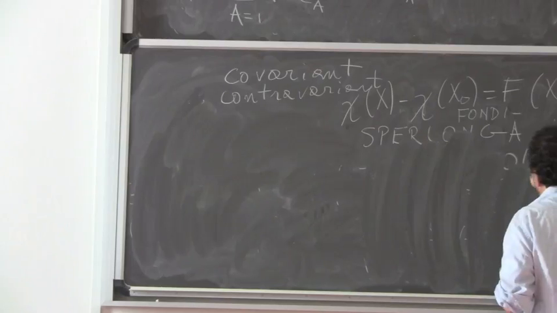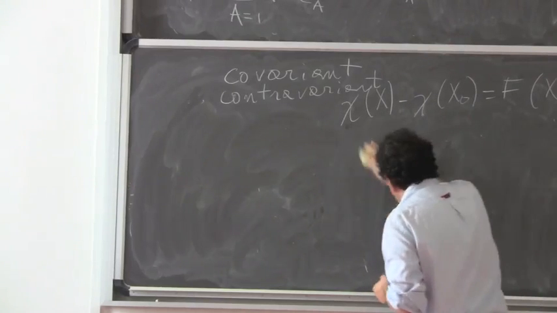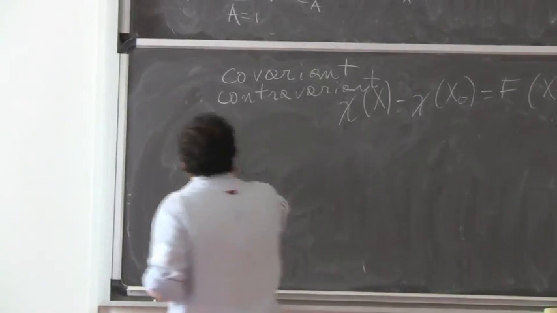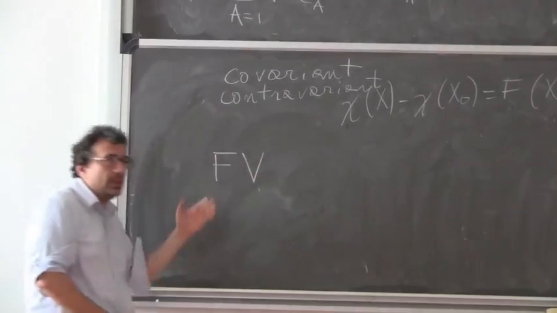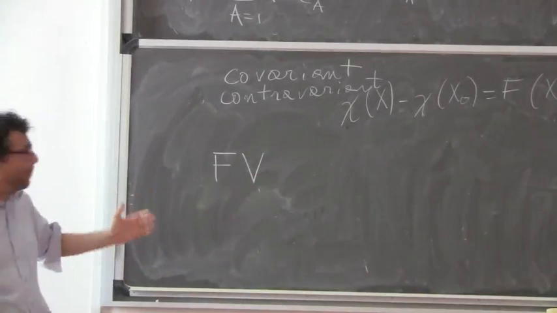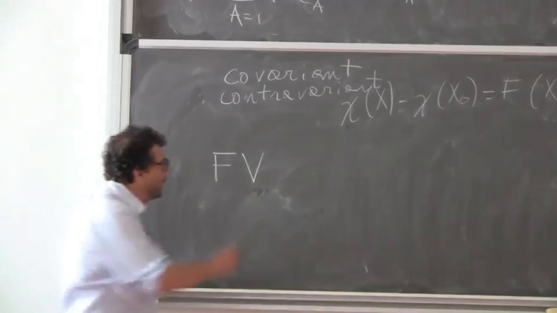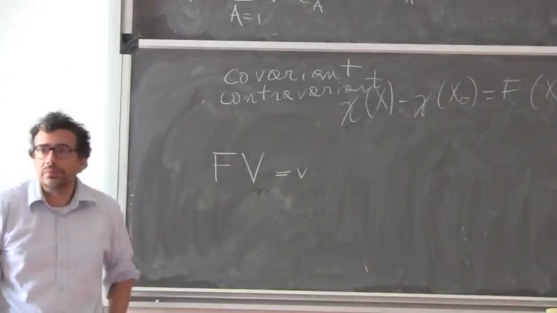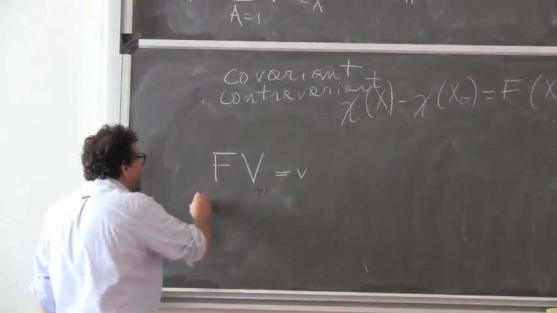Now, let's go ahead. We can do a quick calculation which will become very useful. F of capital B. This is a linear F. You apply it to capital B and you get a vector small v. So what can you do?